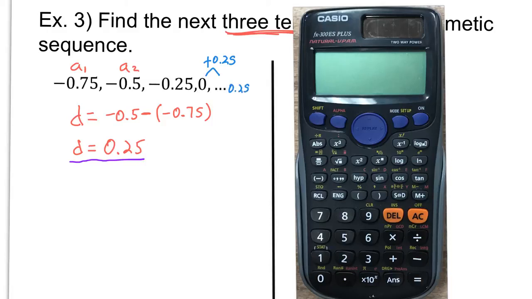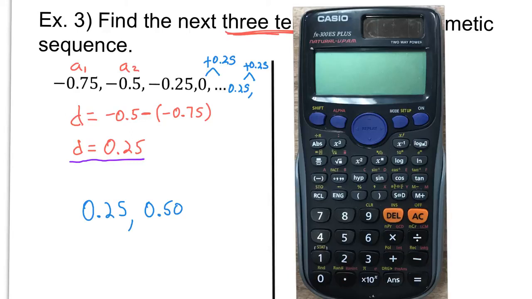And then you need to add again, plus 0.25. Now I am running out of space here, so I'm just going to write down the numbers down here. So my first number is 0.25, and 0.25 plus 0.25 is going to be 0.5, or you can say 0.50.